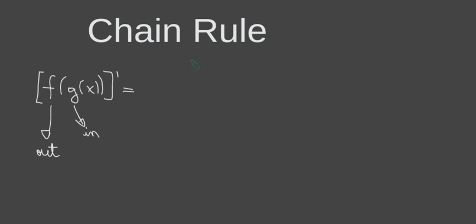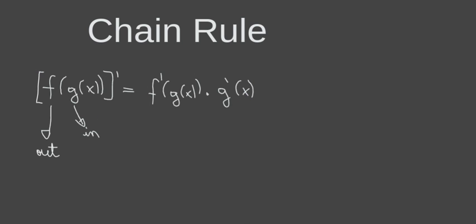What the chain rule tells us is that the derivative of this expression is given by the derivative of the outermost function in the innermost function. You have to put the innermost function here, times the derivative of the innermost function. So this here is the formula, okay?